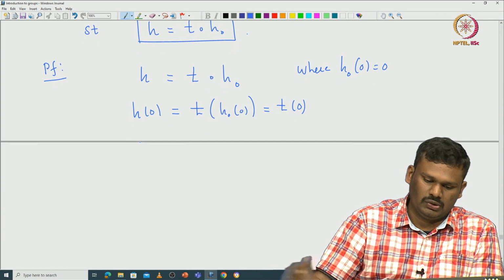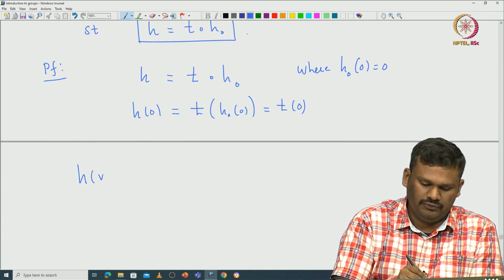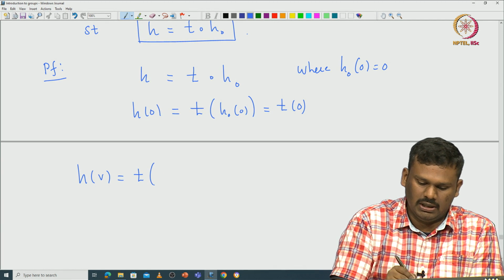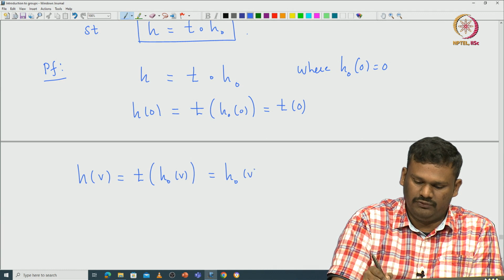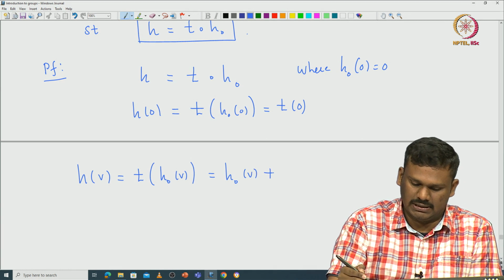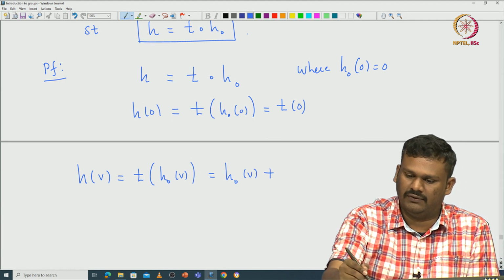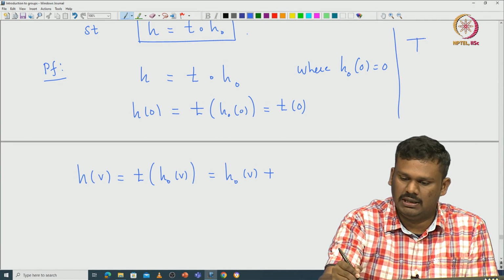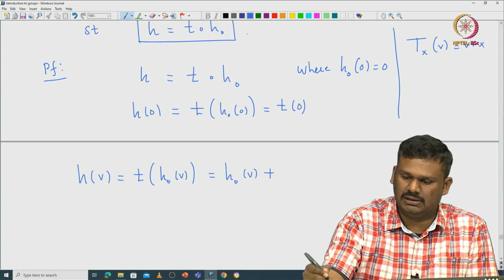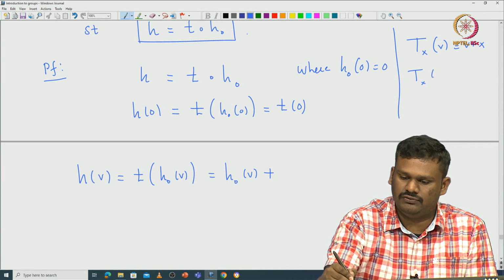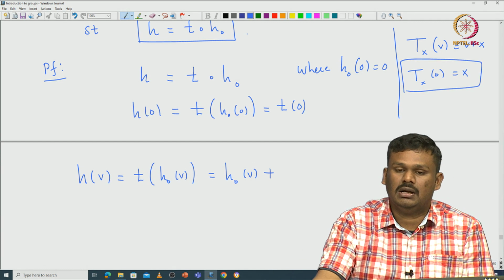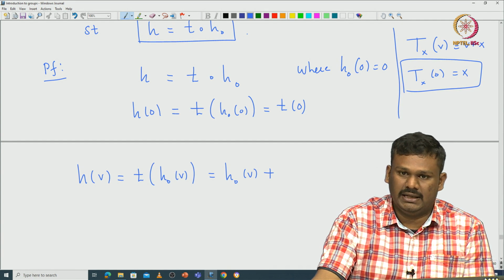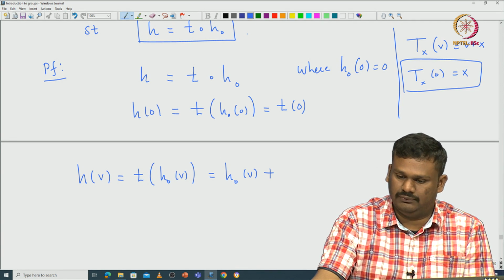Now from this, H of V is nothing but T of H naught of V, which is going to be H naught of V plus the translation. The translation is usually given as follows: if you write Tx for the translation, then Tx of V is V plus x. Then you can easily see that Tx of 0 is x, so the x can be recovered by applying Tx on the origin.